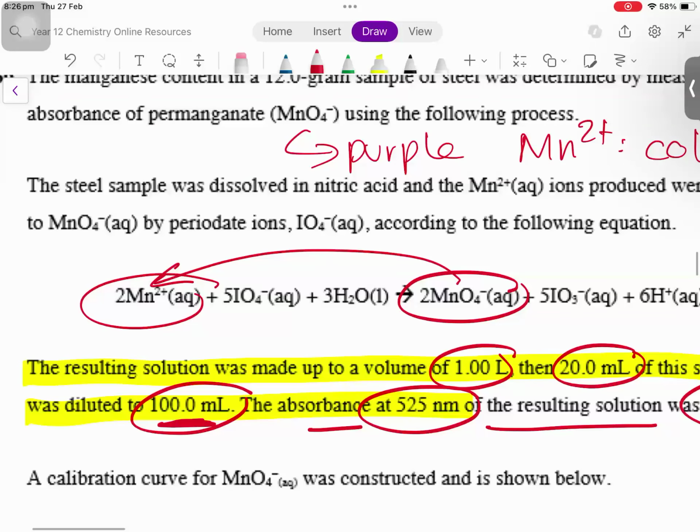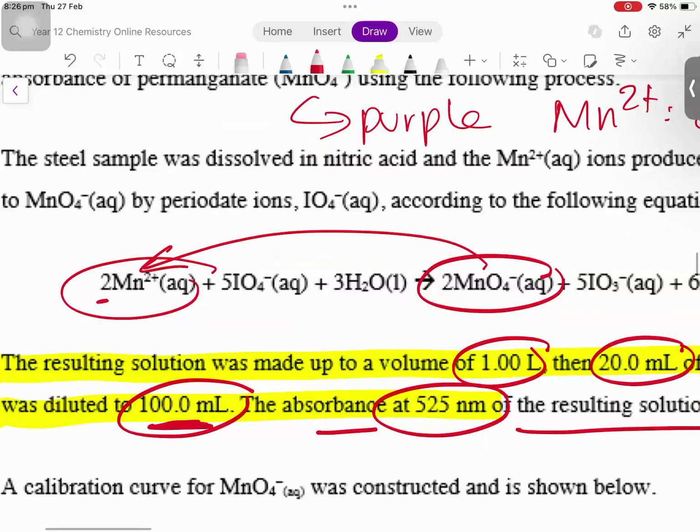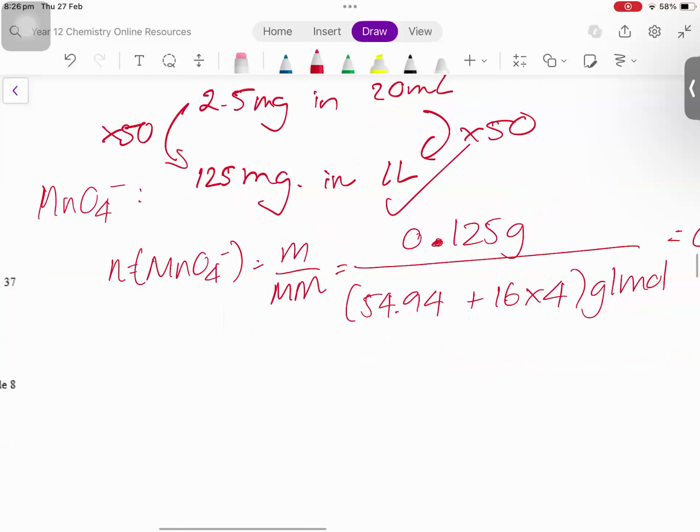So have a look at the ratio. What's the moles of Mn going to be if you currently have the moles of MnO4 minus? It's going to be the same. Good. A 2 to 2 ratio is the same as a 1 to 1 ratio. So the moles of Mn is going to be the same.